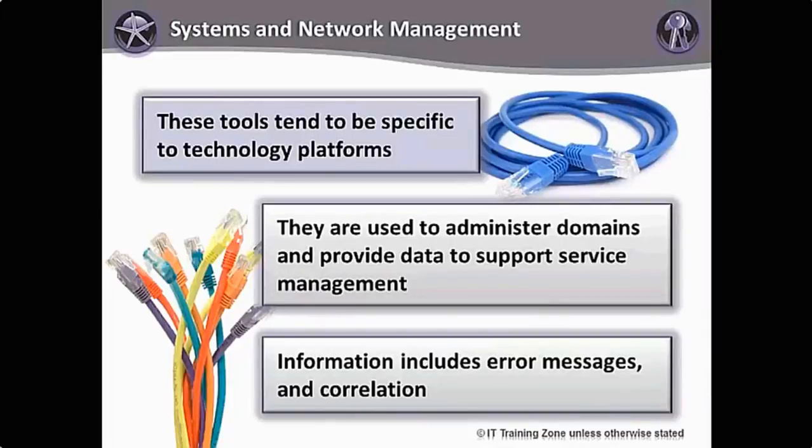The next type of toolset to look at in relation to continual service improvement is systems and network management. These tools tend to be specific to the technology platforms in the organization. They are used to administer the various domains, but can provide a wide variety of data to support service management. Information includes error messages for event management and correlation that feeds into incident management and availability management.